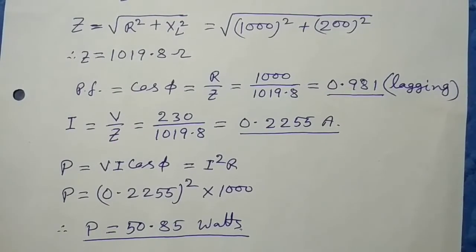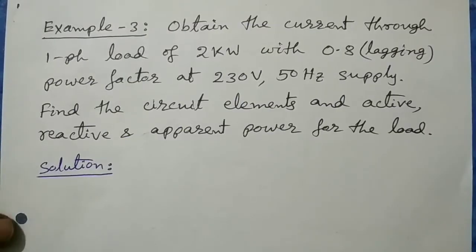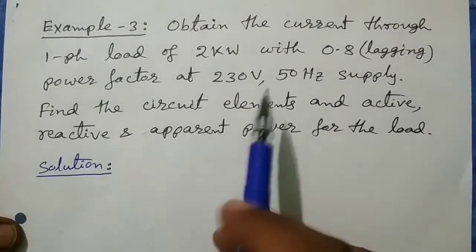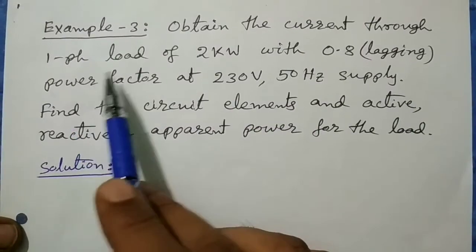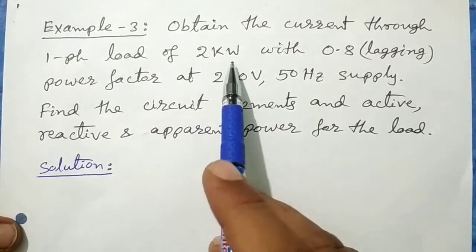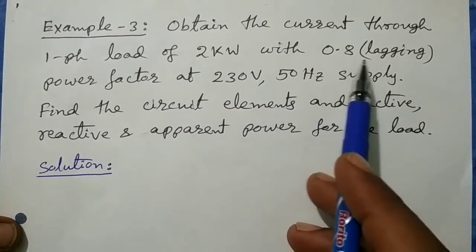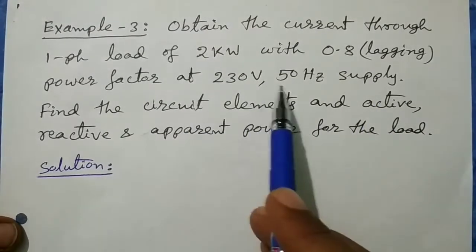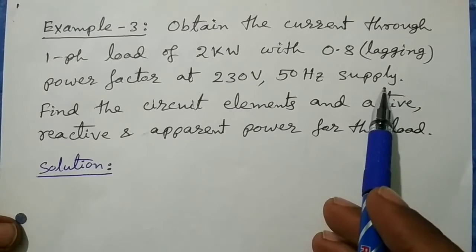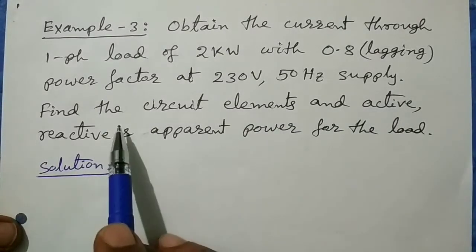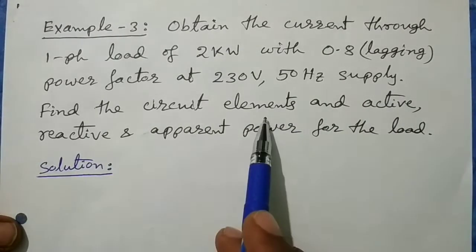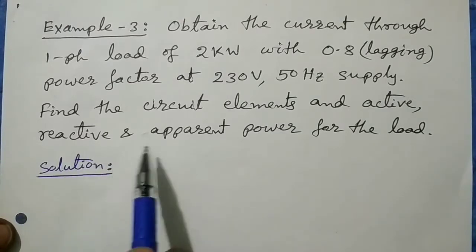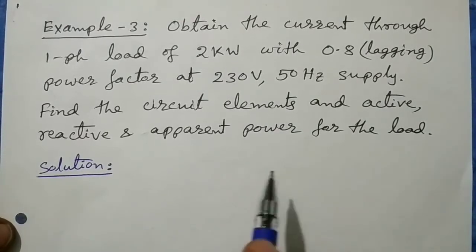The next question is, obtain the current through a single phase load of 2 kilowatt with 0.8 lagging power factor at 230 volt 50 Hz supply. Find also the current, circuit elements and active, reactive and apparent power for the load.